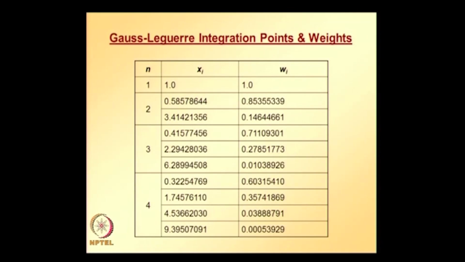Depending on the number of points we require to use, we can select the corresponding locations of integration points and the corresponding weights from this table. The problem statement suggests using 3 points, so we select the locations and weights corresponding to n equal to 3.